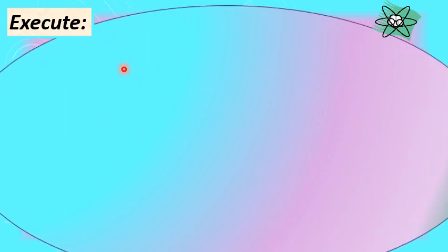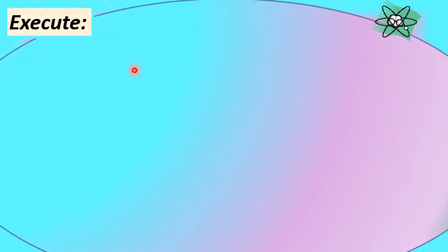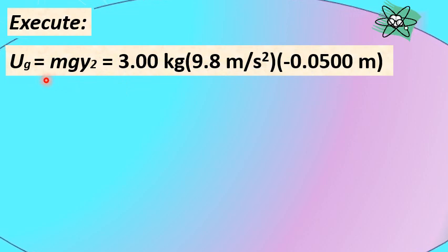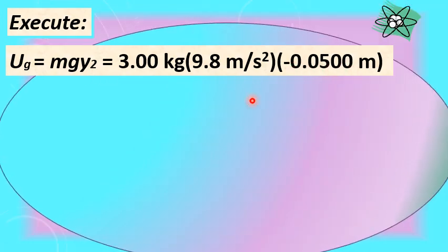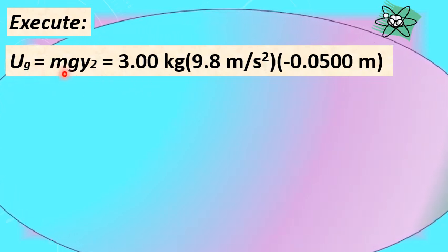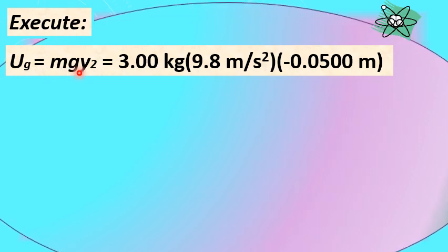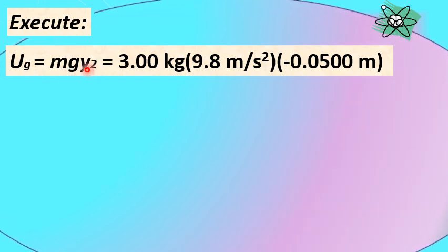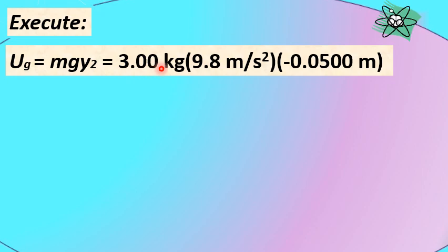Moving on to our computations, the gravitational potential energy, capital U sub G, of the fish at y sub 2 equal to negative 0.0500 meters can be computed by multiplying the mass, acceleration due to gravity, and the position y sub 2, or 3.00 kilograms times 9.8 meters per second squared times negative 0.0500 meters.